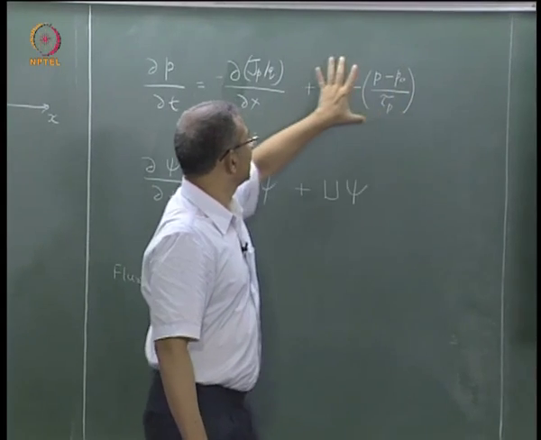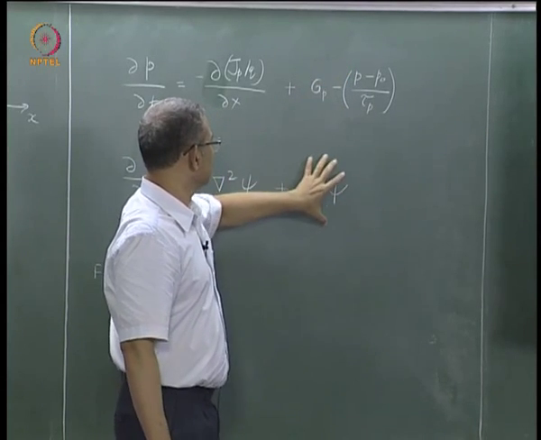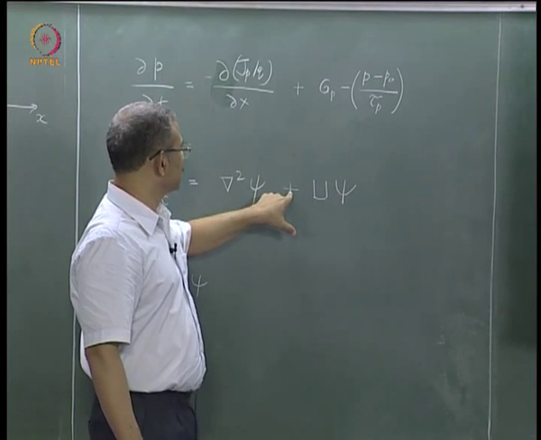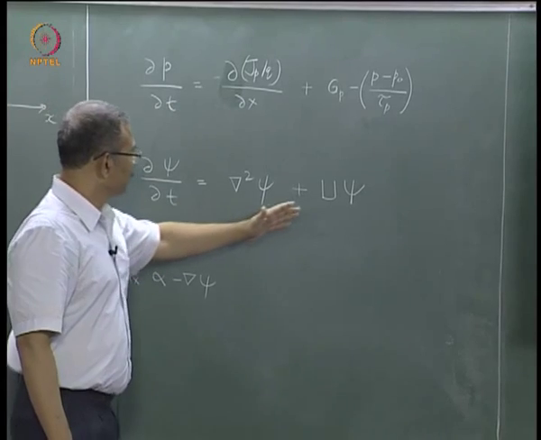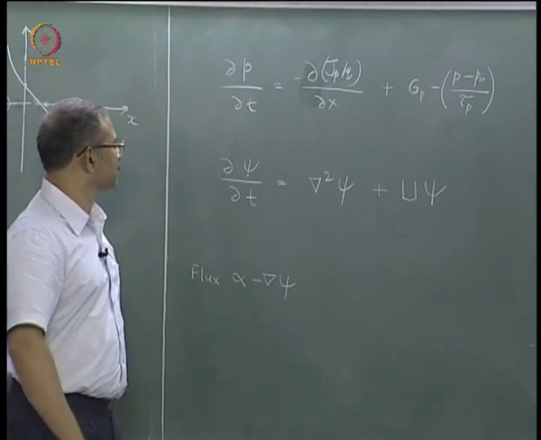This quantity together represents some sort of generation or recombination, source or sink. So here we have a source proportional to psi, therefore it is a plus sign here. Now let us complete the picture by putting the coefficients.